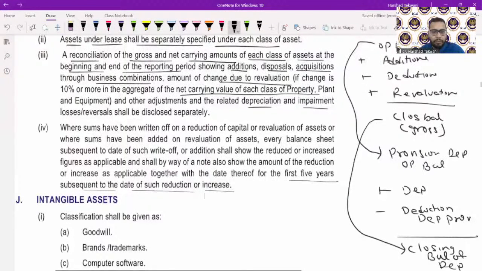Any example for this? Just a minute. No, okay, no issues.